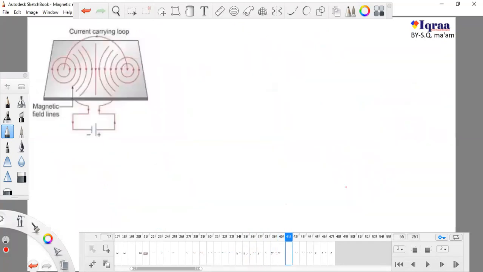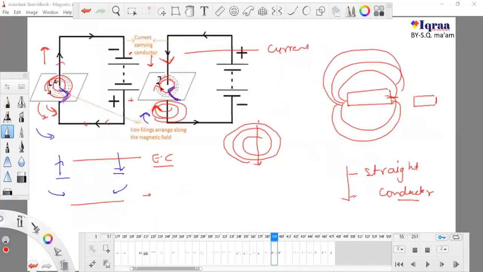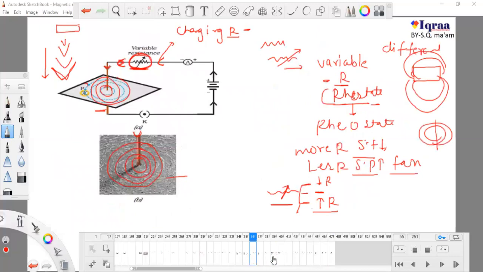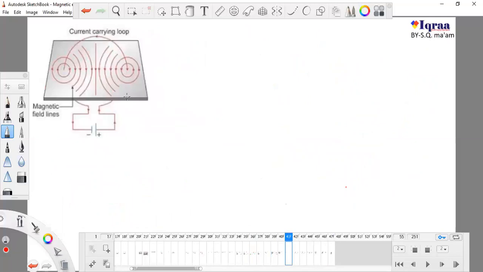Don't be afraid of this. This is a very simple thing. What is this? This is nothing. I'm using a circle, and I add it to a battery.